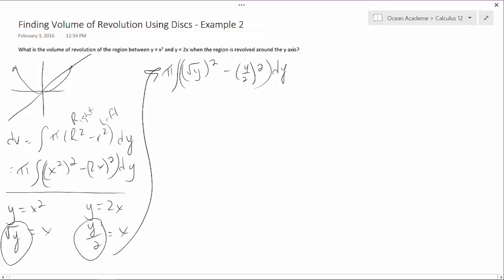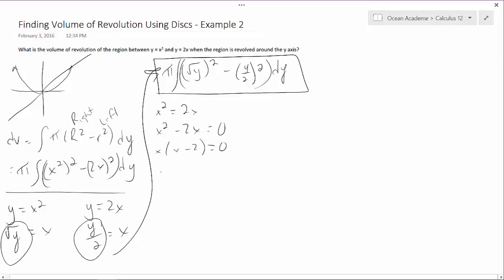Now we need to figure out what our interval is here. So in order to do that, I'm just going to box this so that we remember where it is. We need to set our two curves equal to each other to find out where they intercept. So we've got x squared equals 2x, which gives 2x squared minus 2x equals 0, and then we factor, pulling out the x, and we find that our x values are 0 and 2.